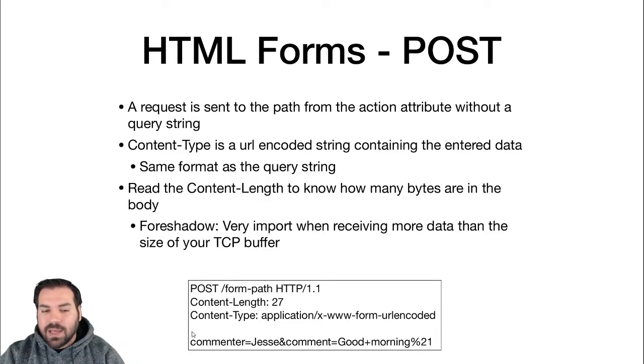So we look for the new line, we parse all this as ASCII, we look for the content length, read this, and then we read that many bytes of the body after this new line, and then we can look at the content type. Here we just have URL encoded, so there's nothing more to add because URL encoded has to be ASCII.